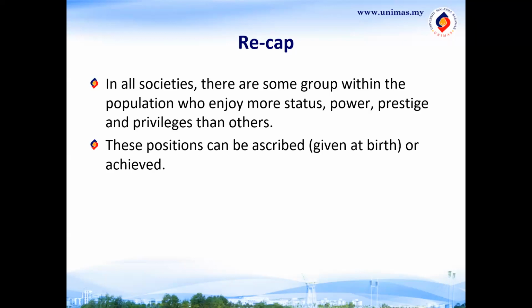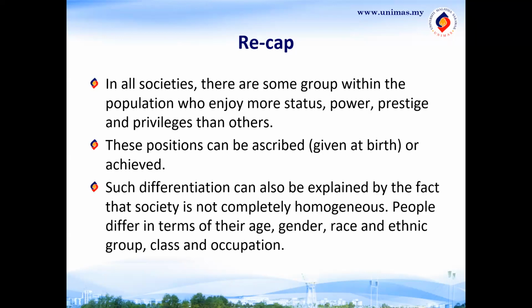The other way that people achieve position is through achievement, right? In other words, it's not ascribed, but through what they do in life, what they have achieved in life. Yeah. So this differentiation can also be explained by the fact that society is not completely homogeneous, meaning there are a lot of differences between people in the society.